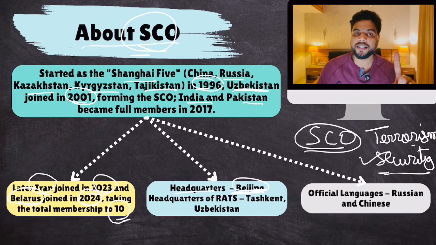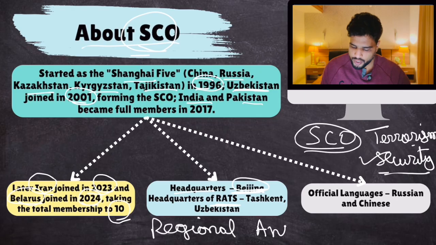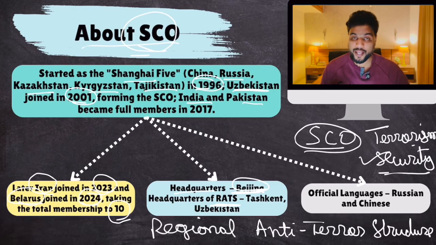That is why under SCO they created another body called RATS, Regional Anti-Terror Structure. Just remember, because their main objective was security. So RATS was formed under SCO and it has a separate headquarters in Tashkent, Uzbekistan. Just remember this part, okay?